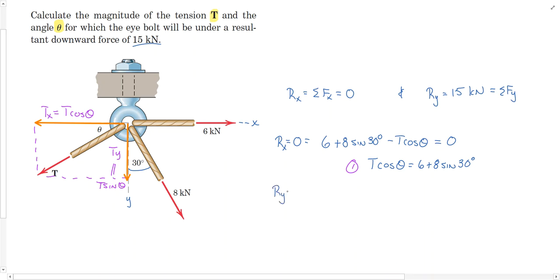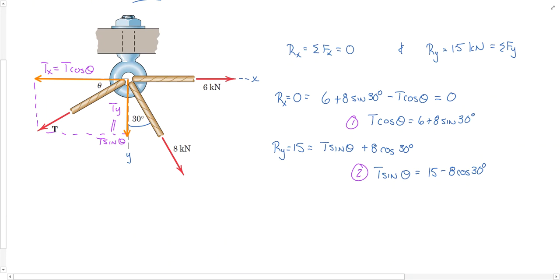We know that Ry is equal to 15 kilonewtons, and down is positive, so I have a positive T sine theta, and then a positive 8 cosine 30 degrees. I could solve this for T sine theta, and we would get that T times the sine of theta is equal to 15 minus 8 times the cosine of 30 degrees. So here's my second equation.